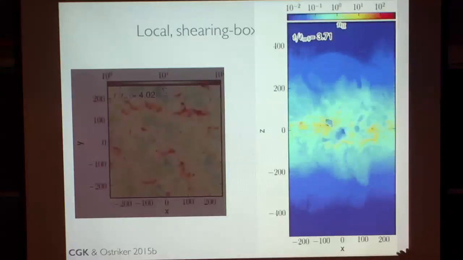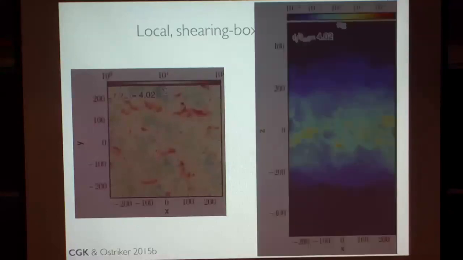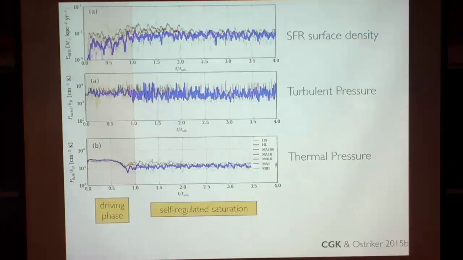When it is compressed, star formation is triggered, and then the supernovae pop the disk up again, and then it will reduce the star formation rate, and it keeps going this way to maintain the equilibrium state.